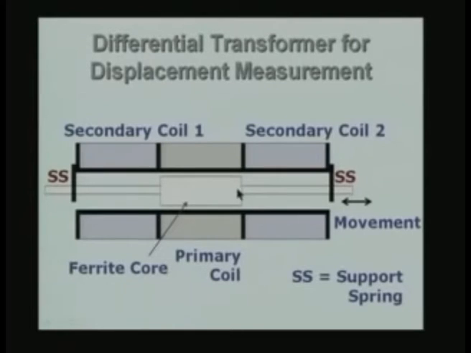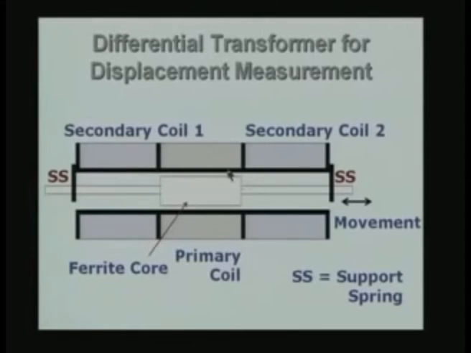If it is displaced to the right in this case, secondary coil 2 will be linked more closely magnetically, because the ferrite core is a magnetic material and this shaft which is shown here is a non-magnetic material, maybe aluminum for example.